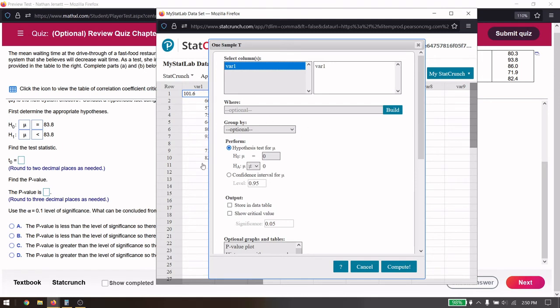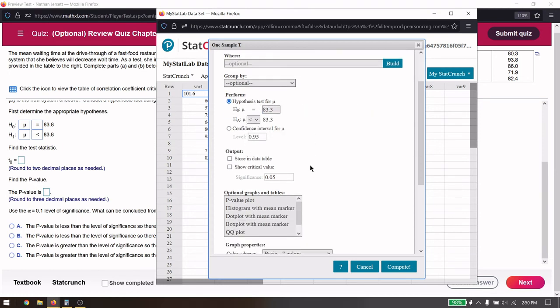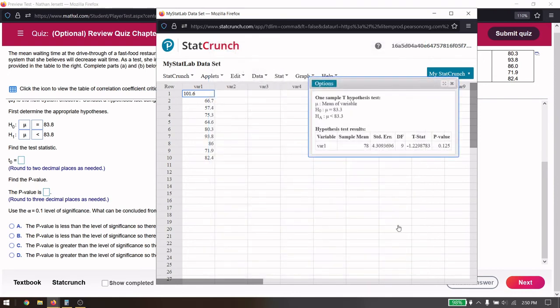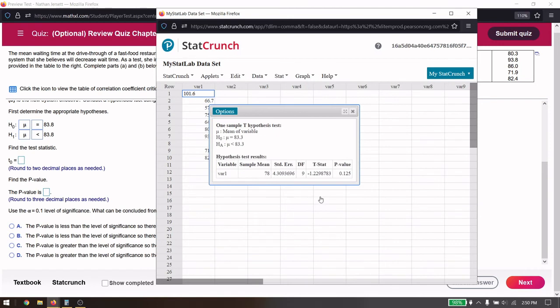That's the first column here. The hypothesized mean is 83.8, and we want less than that. I don't think I need anything else there, so let's compute. All right, the t-stat is negative. I don't think it needs to be negative, I think we can put that as positive. Or no, it's less than, never mind. Of course, it's negative 1.23.